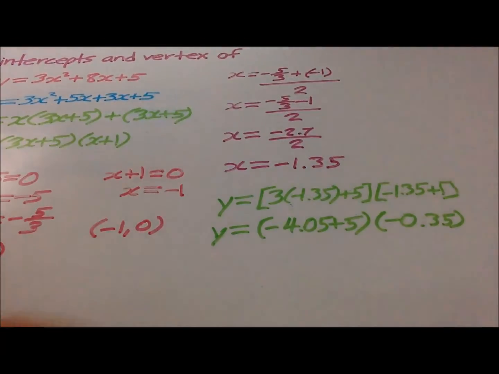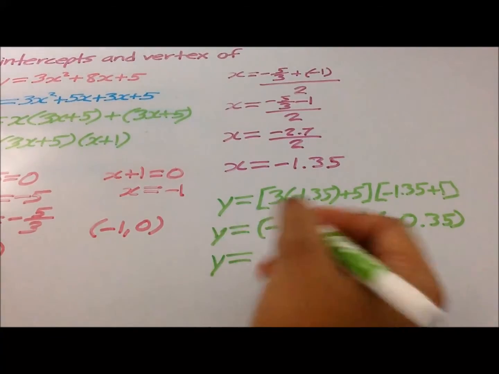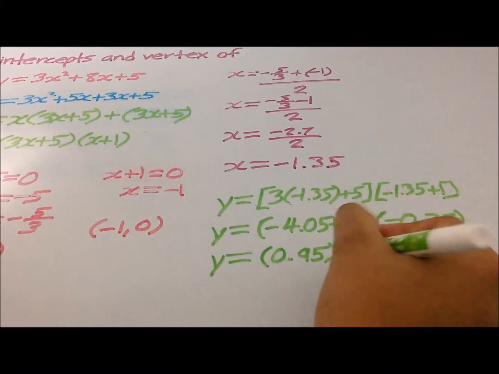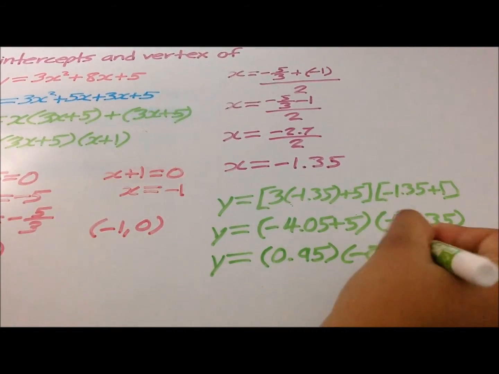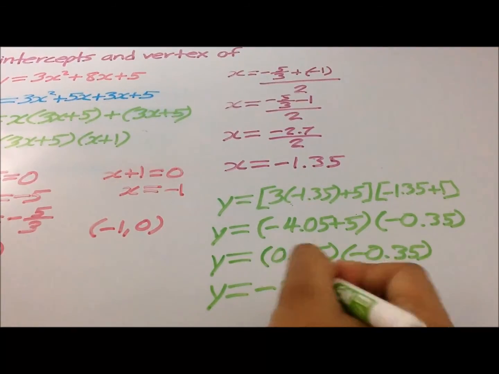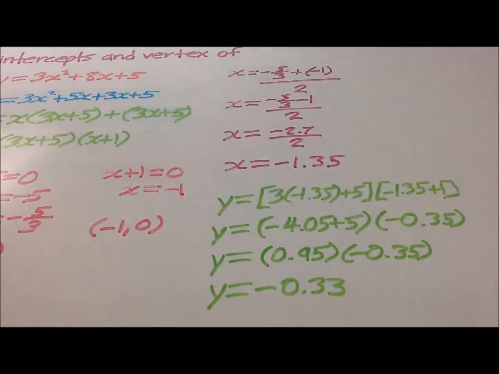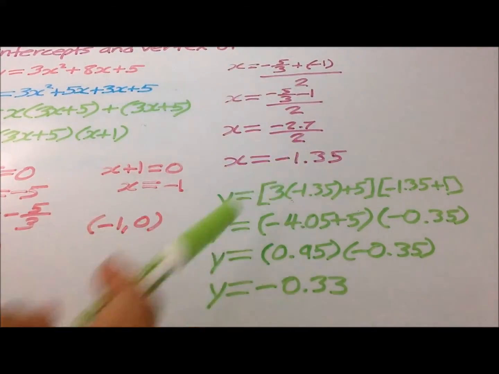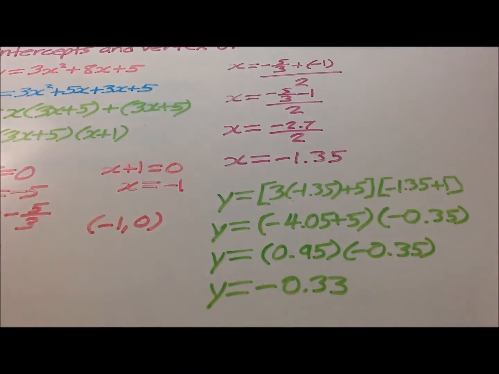So if we solve this, we get y equals 0.95 times negative 0.35. And we get about 0.33. This means that the vertex is negative 1.35 and negative 0.33.